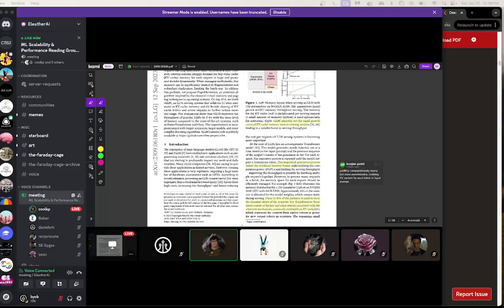The paper goes over the memory distribution at runtime. It says 65% of memory is allocated for model weights. This memory remains static during serving. Close to 30% of the memory is used to store the dynamic state of the request. The dynamic state here is mostly the key value cache.